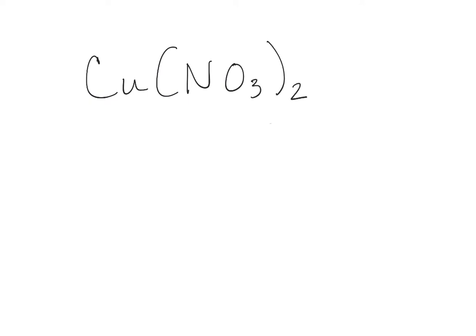Remember, if you have parentheses, this subscript goes to everybody on the inside of that parentheses. And it means multiply. It does not go to the Cu because that Cu, which is copper, is not inside the parentheses. So here's the rule.